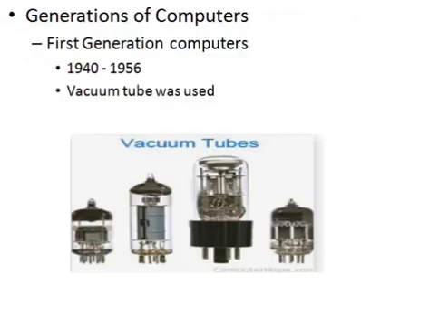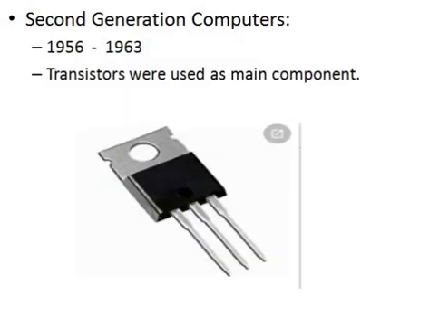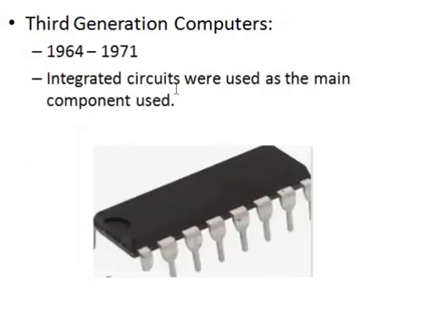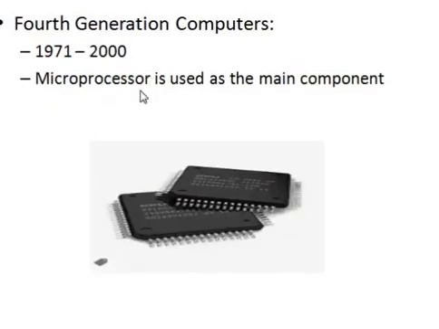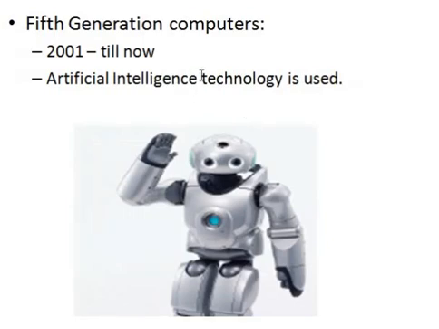In the first generation they used vacuum tubes, in the second transistors, in the third integrated circuits, in the fourth microprocessors, and in the fifth generation, which we are in now as per your book, we use artificial intelligence technology.